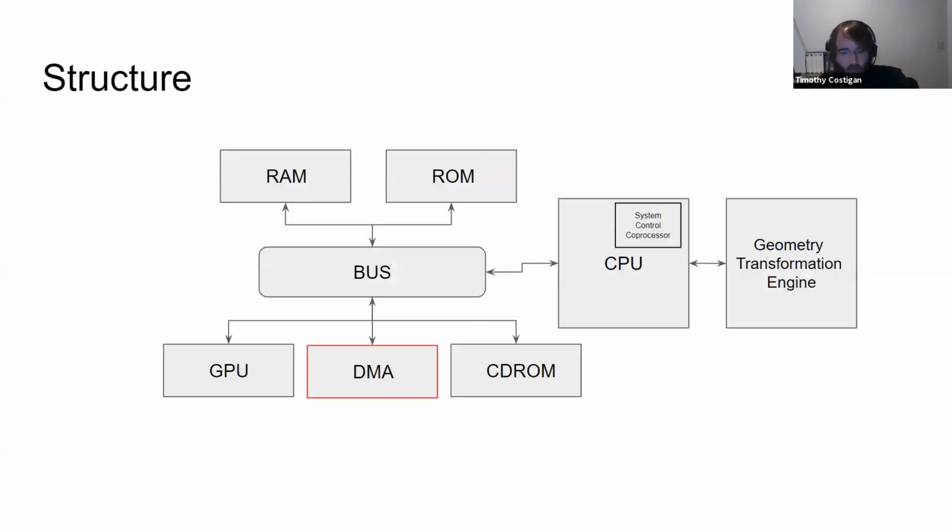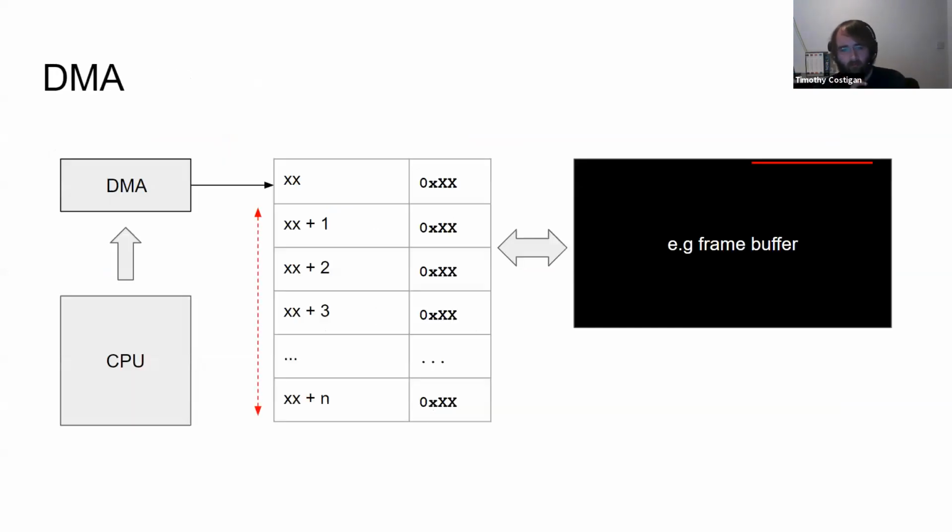So the DMA, or direct memory access, is a chip on the PlayStation, and most computers generally have something like this. This allows the computer to do batch memory transfers between a device and RAM, or RAM and a device. So the CPU would talk to this chip, again through memory mapped hardware registers, and it would send parameters saying the start point in memory of the device and the start point in memory of the RAM, how many bytes it wanted to copy, and which direction it wanted this copy to go.